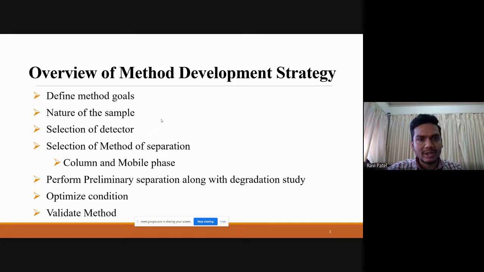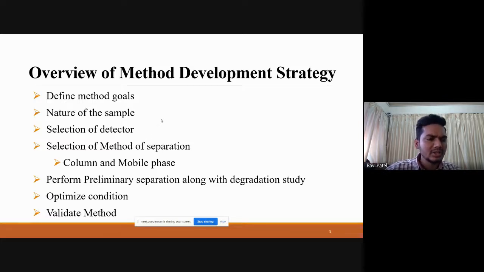Or whether my analyte of interest is separated from all these impurities and we are getting the peak purity or not. These are the parameters we have to check during method development while degrading our samples and injecting to the HPLC. It is nothing but confirming the selectivity and specificity of the method.